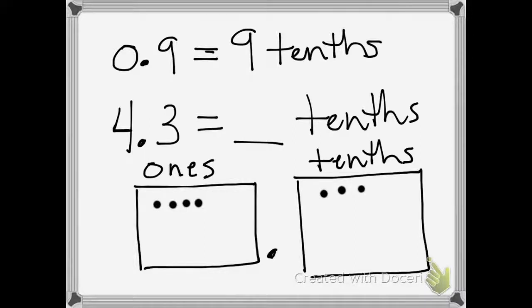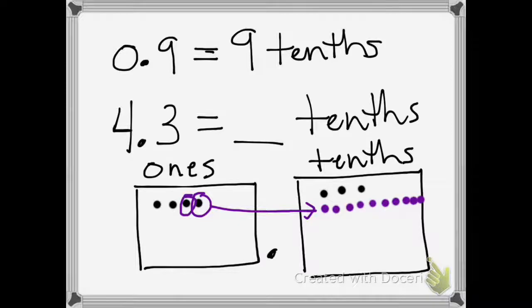Well, to find out how many tenths there are in 4 3/10, I'm going to do a backwards regrouping. I'm going to look at each one, and it's going to get regrouped as tenths. 1, 2, 3, 4, 5, 6, 7, 8, 9, 10.